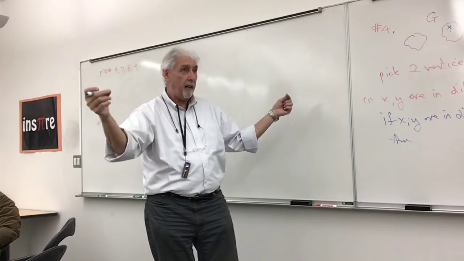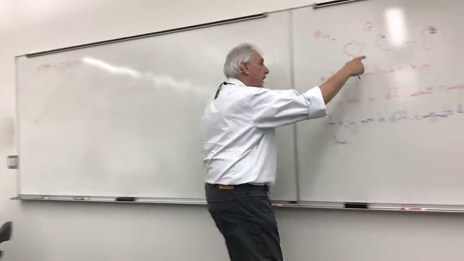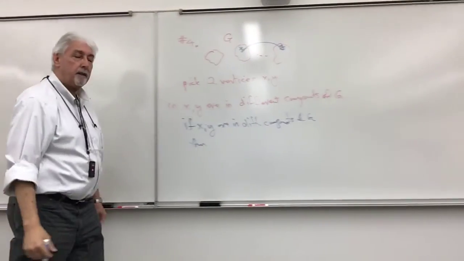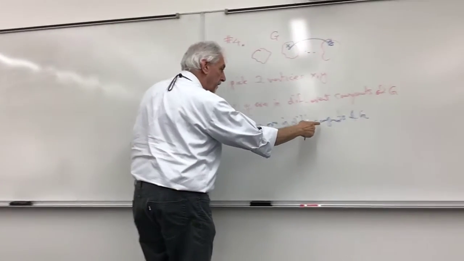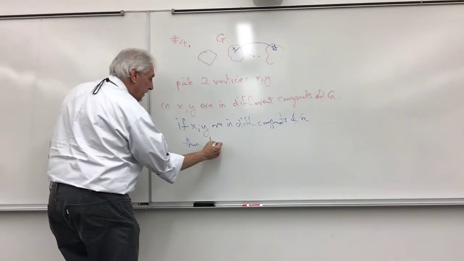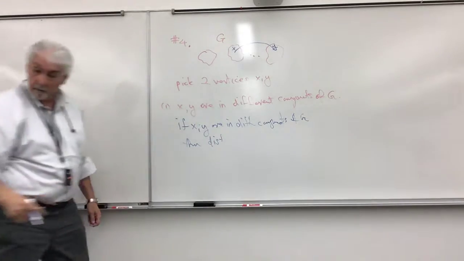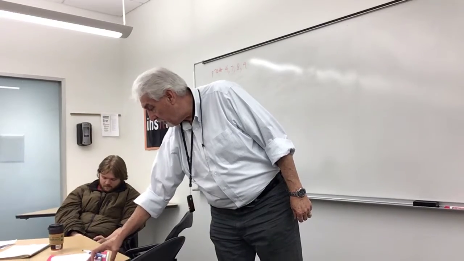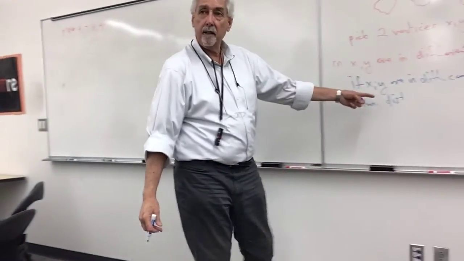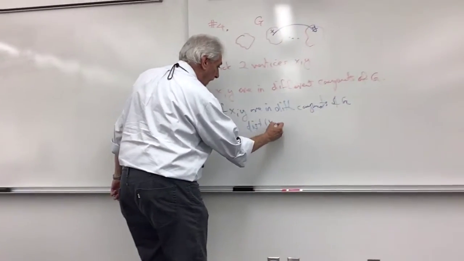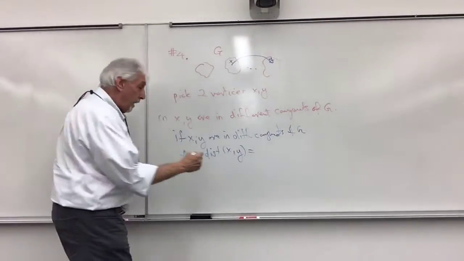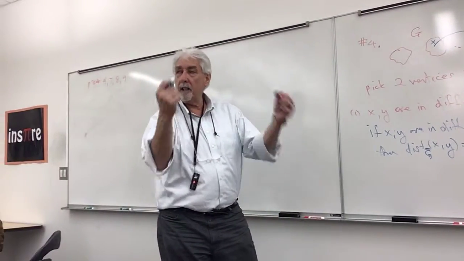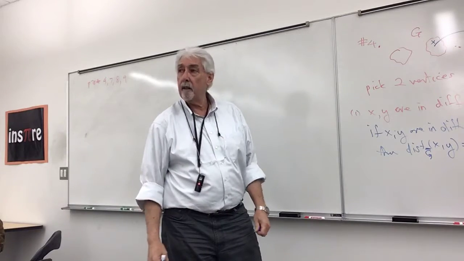Connected just means that there's a path. This is a very special path. If I take 2 vertices in different components, then in the complement, they're adjacent. So if X and Y are in different components of G, then the distance from X to Y in G complement, what's the length of the shortest path between X and Y? 1.